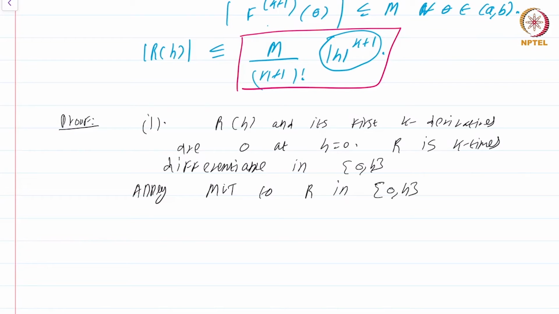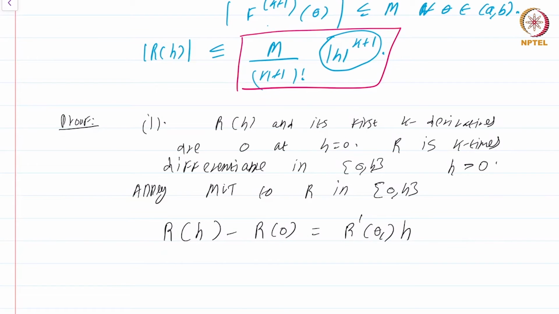What do we get? R of h minus R of 0, which is 0, is going to be R prime of theta 1 times h. For convenience, I am assuming h is greater than 0, because I am writing [0, h].